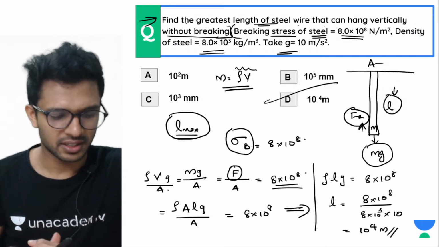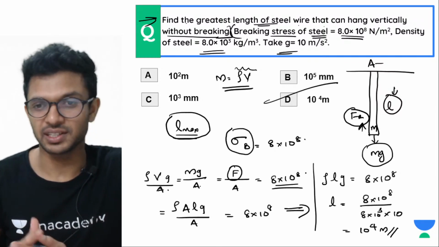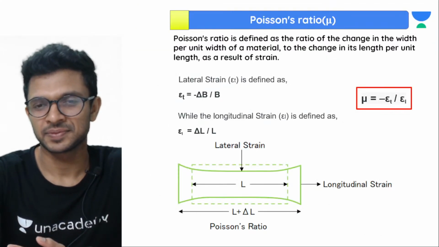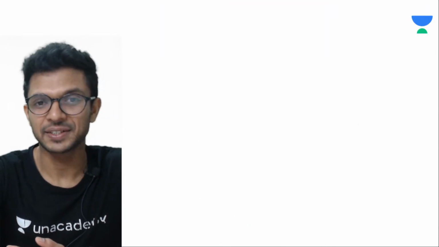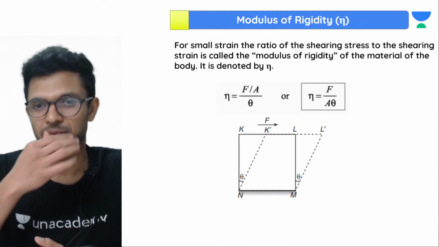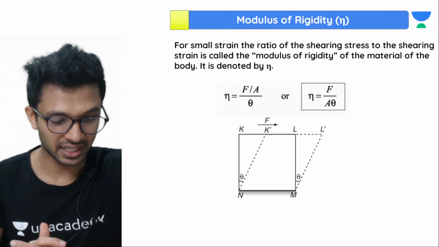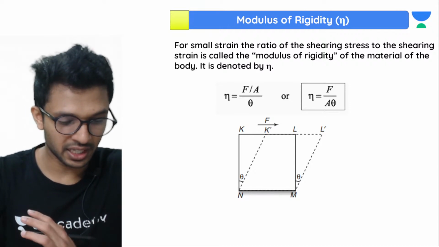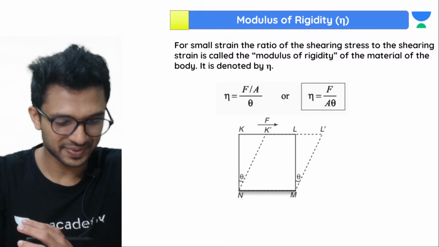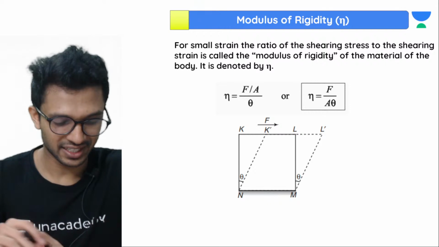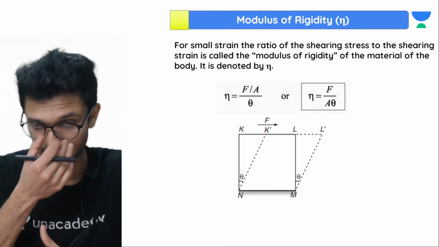Tough, easy? How do you rate the question? Okay, no problem. Nobody has any opinion about the question. Good. Okay, so just good. I think it was a good question.